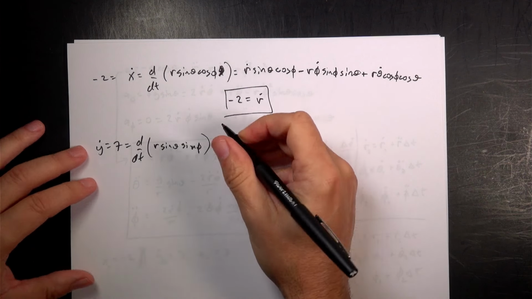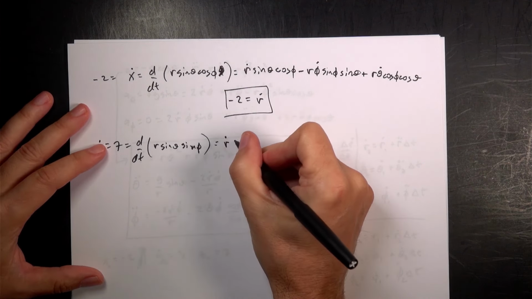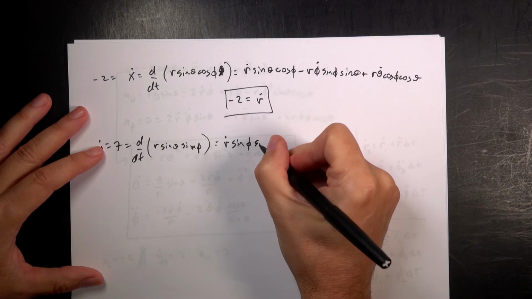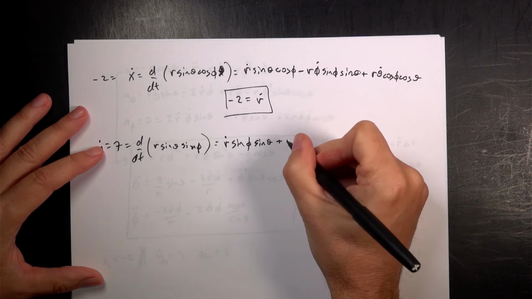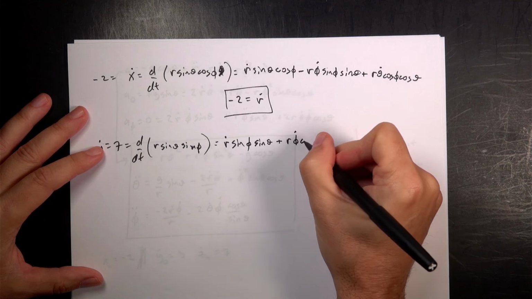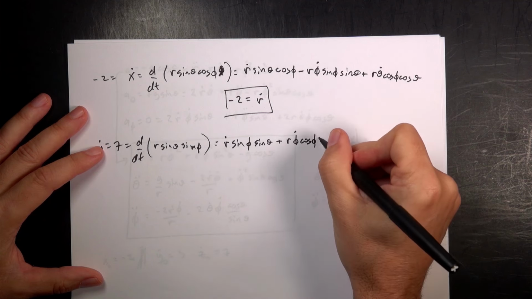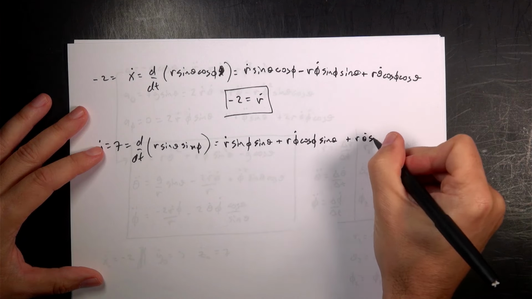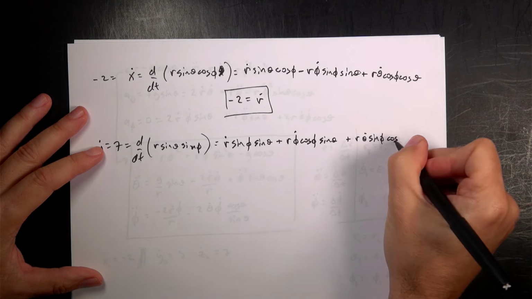So if I take the derivative of that, I get r dot sine phi sine theta plus r phi dot cosine phi sine theta plus r theta dot sine phi cosine theta.